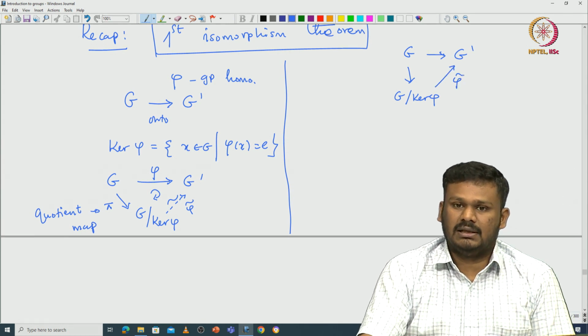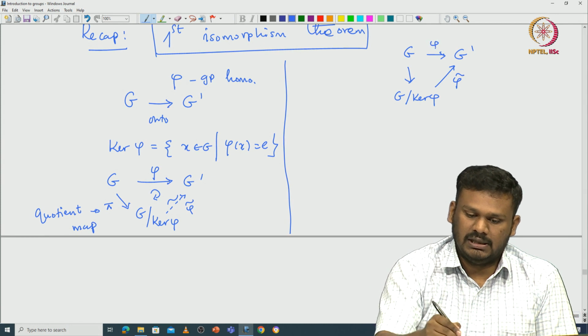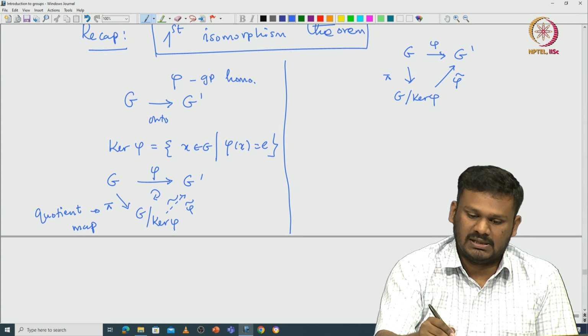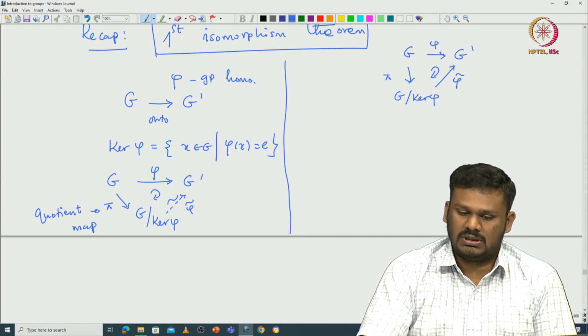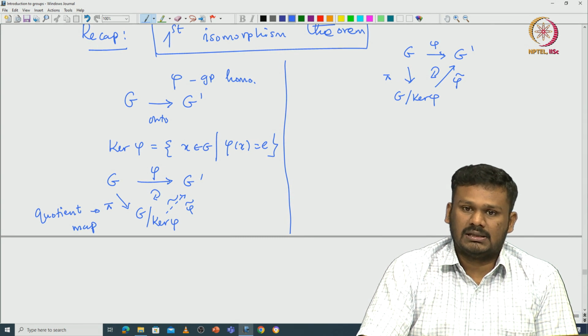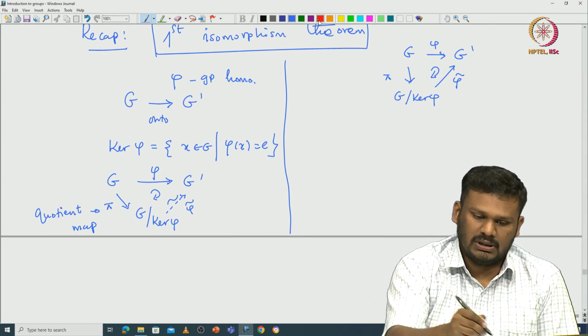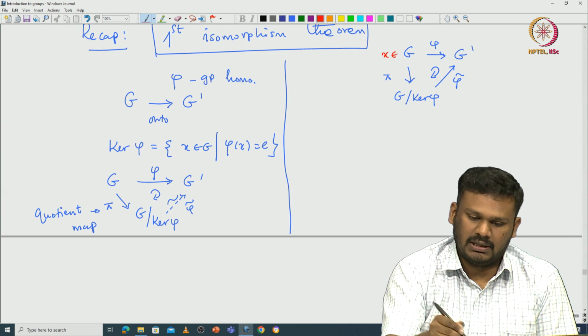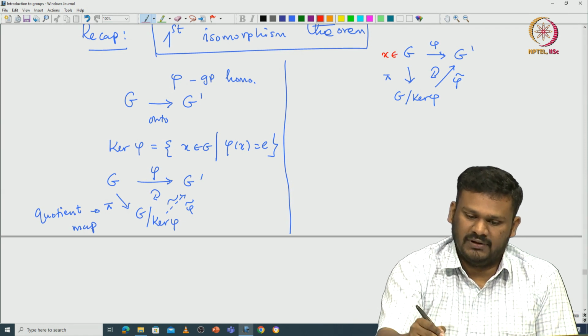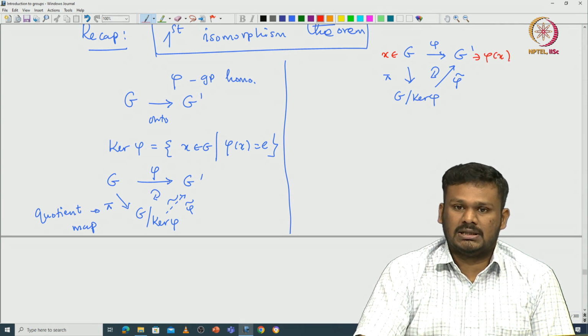Saying this phi tilde is induced from phi is the same as saying that this diagram commutes. That means if you take some element x in G and look at its image under phi, that will be an element inside G dash.